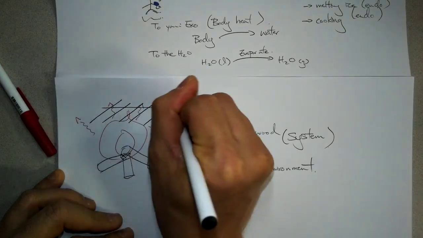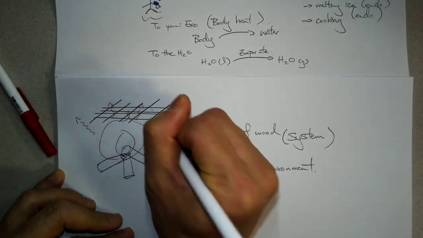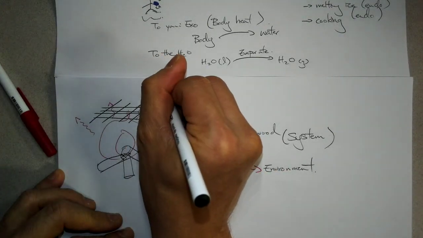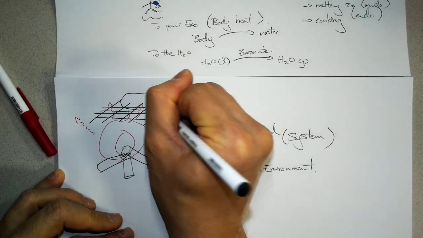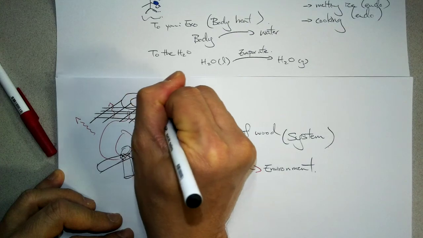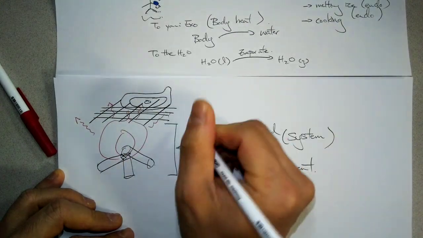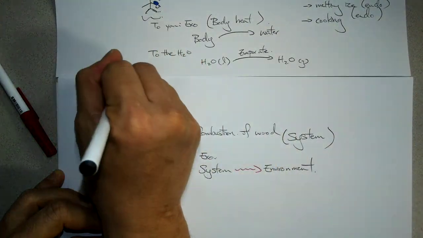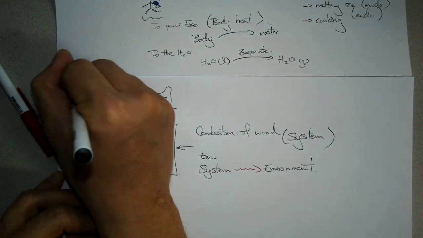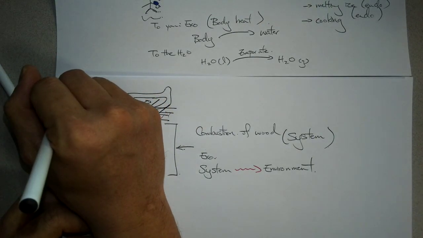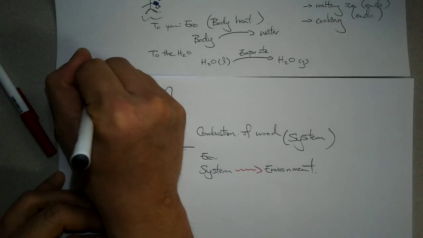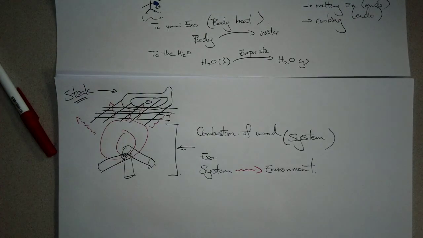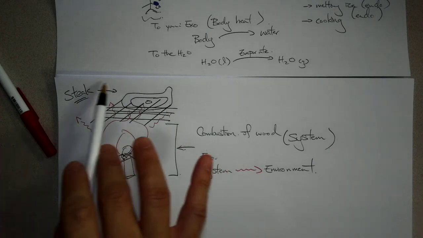So, there's a grill, and on top of this grill, I have, okay? I'm assuming that's steak. Yes, that's a steak. Thank you. That's why if your drawing skill is not that good, always label your diagram. Steak. Okay?